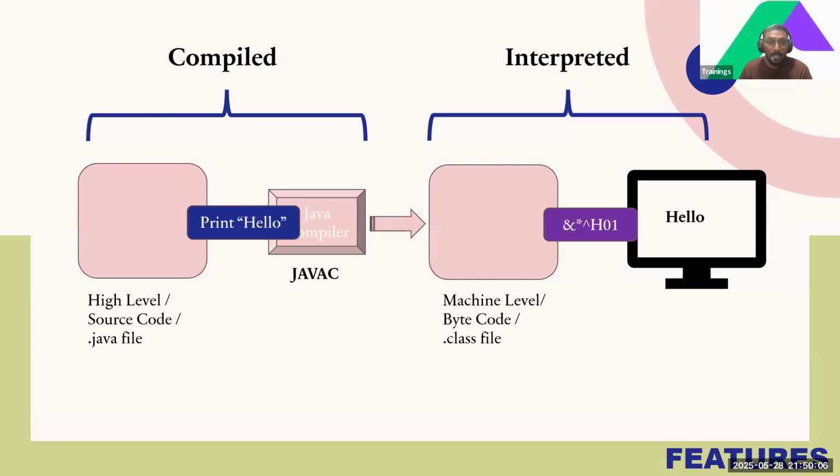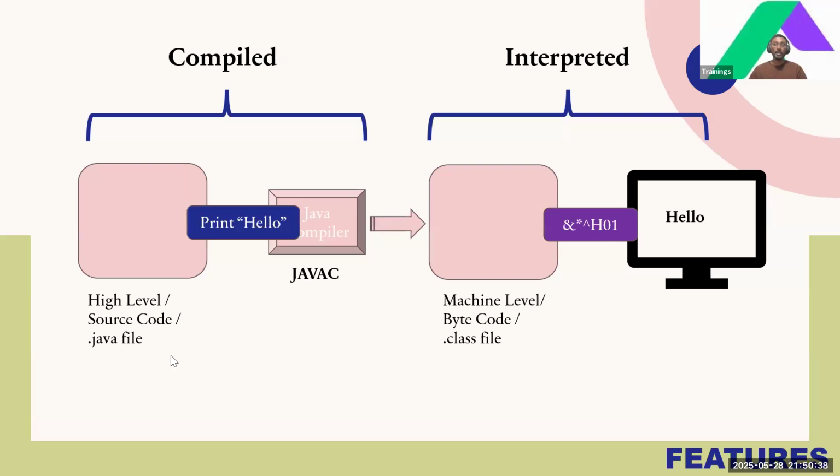Sir, can you explain compiled and interpreted? Yeah, the .java file is also platform independent. But what is the use of the .java file? At the end, you will be executing the .class file. So why would you need to give the .java file on a different platform? If your question is whether .java is also platform independent, yes, the .java file is also platform independent.